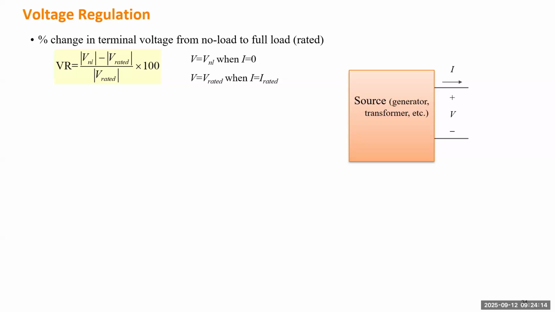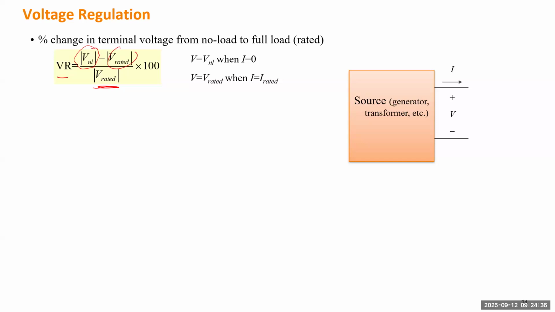So the voltage regulation is defined to be a fraction. The denominator will be the rated voltage, that's the voltage this source is supposed to operate at, and the numerator will be the one called no load voltage, which means just open the circuit, minus the rated voltage.